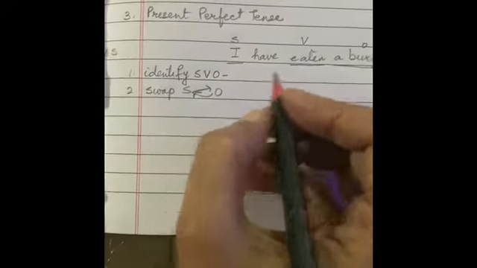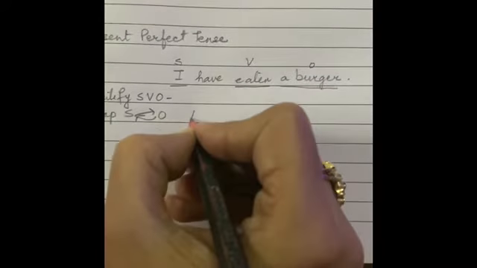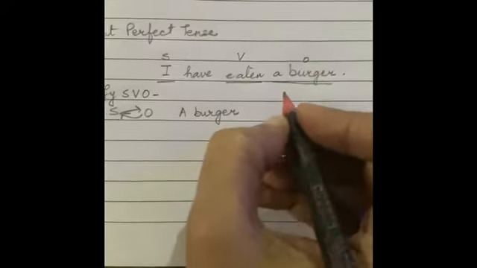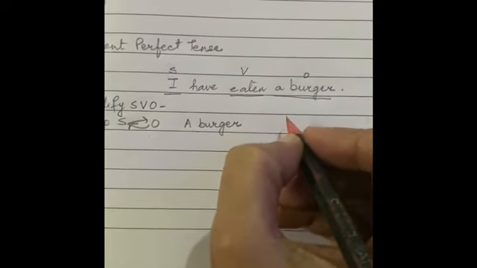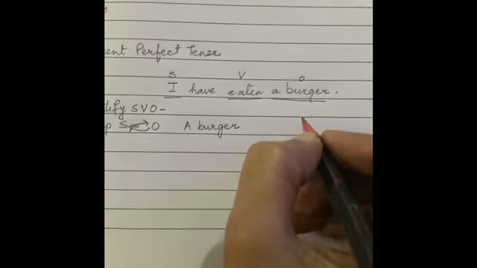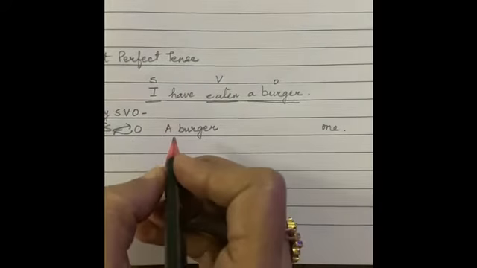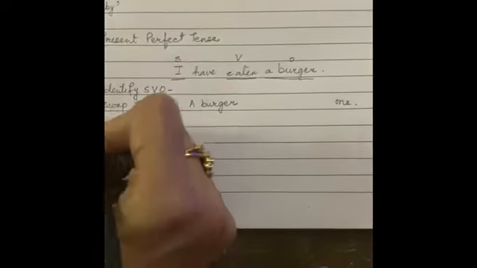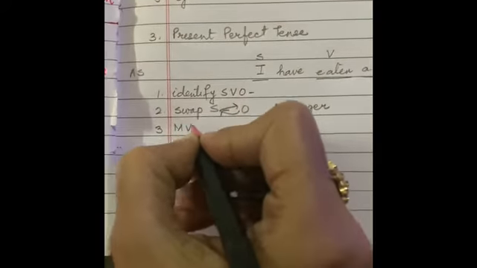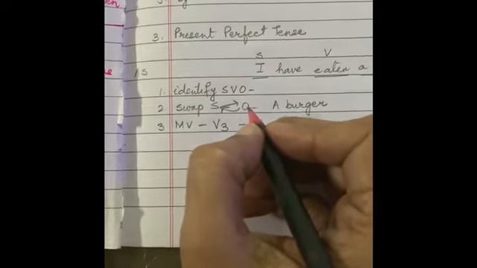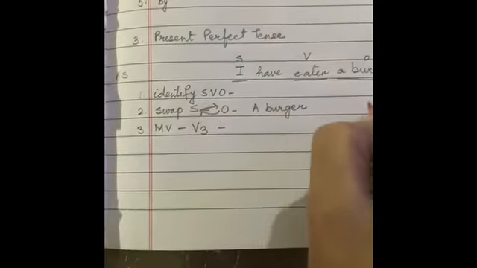Here it will be a burger. Then at this position it will be me. Now converting the main verb to third form of verb. It will be eaten.